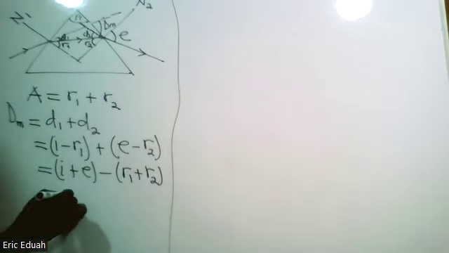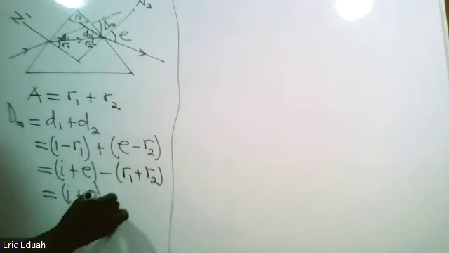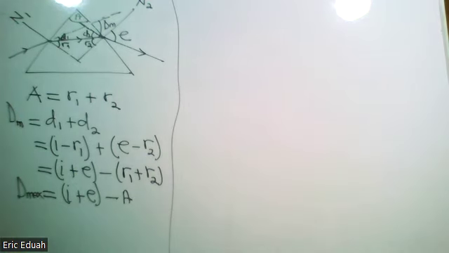So I plus E minus A is equal to the total deviation D maximum. All right. So these are the relations we derive.